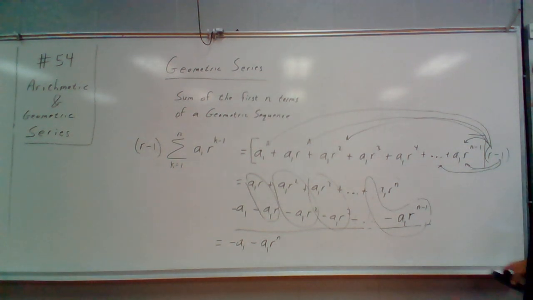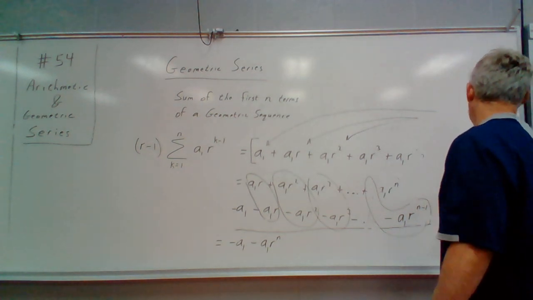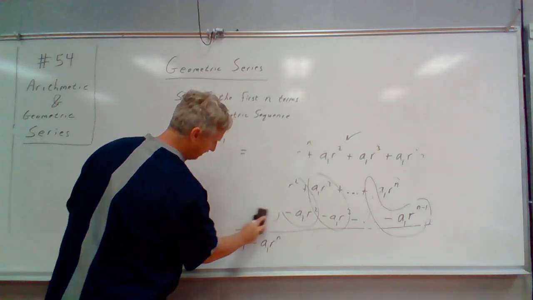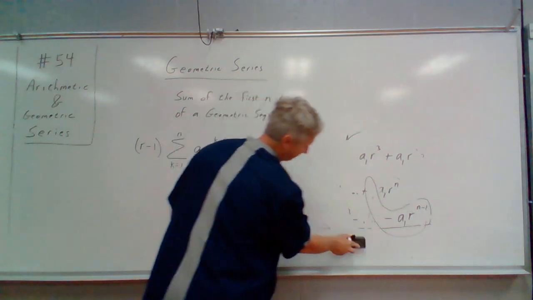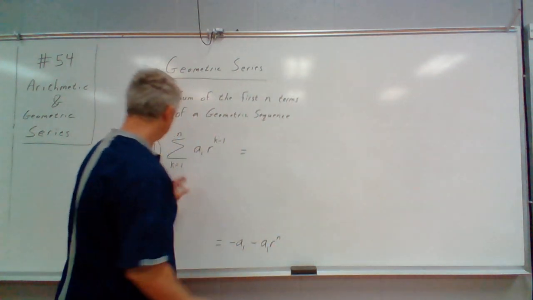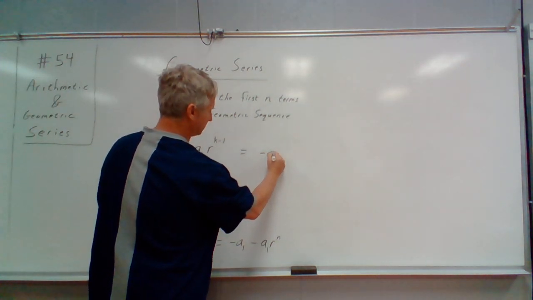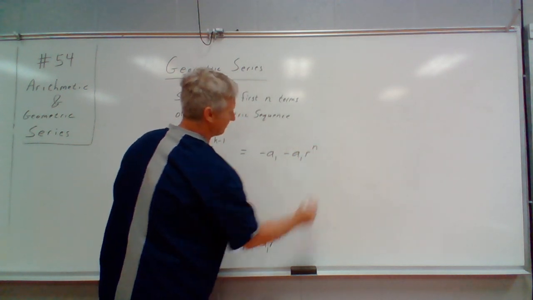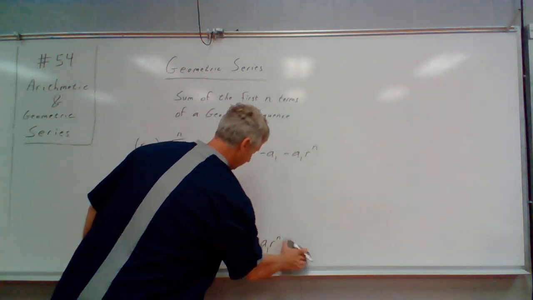All right, so now I'm going to clean this up a little bit. So I'm going to get rid of all this mess that we've done here, and just write out the final result that we got so far. So this is equal to minus a sub 1 minus a sub 1 r to the n. I'll just copy this up here.